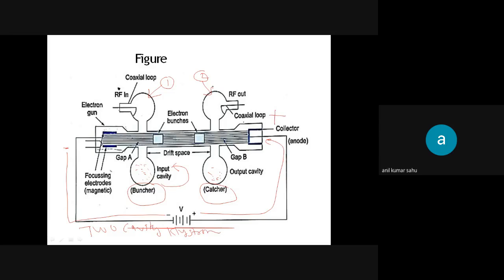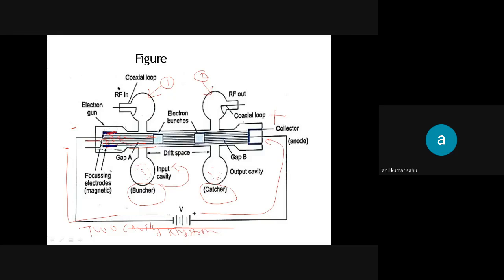The electrons emitted by the electron gun are directed by the focusing electrode, which focuses all electrons toward the buncher cavity. Once they reach the buncher cavity, we apply the input.